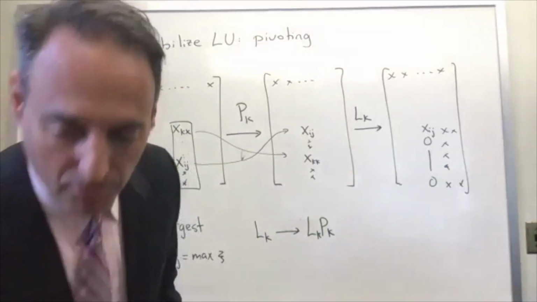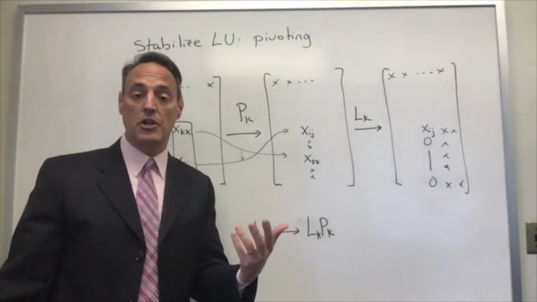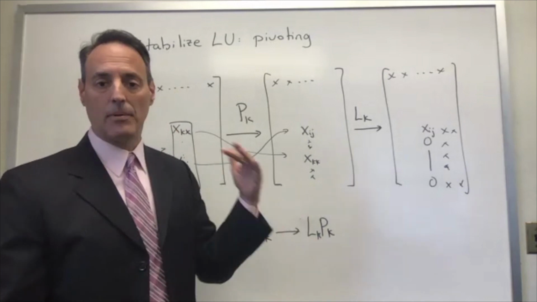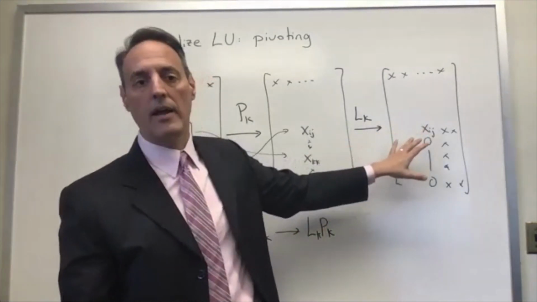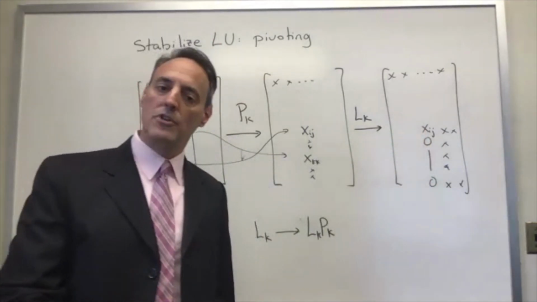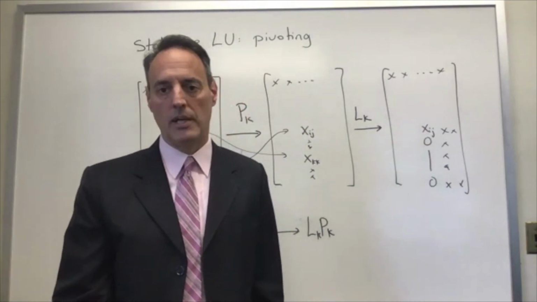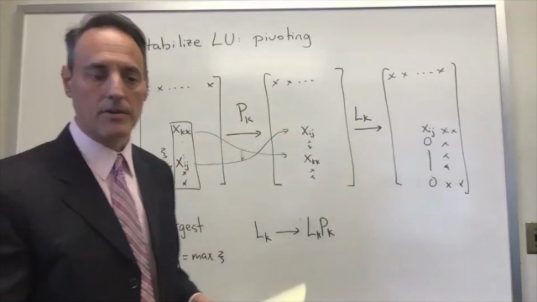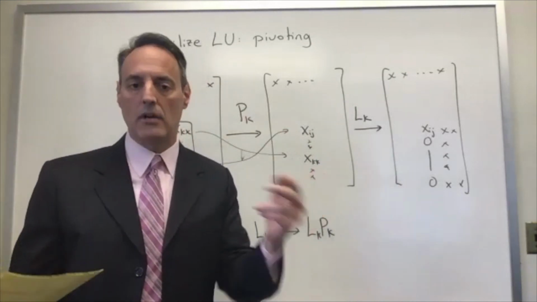That's the process aiming towards stabilization, making this Gaussian elimination, this LU procedure, as stable as possible. What you're doing here is walking yourself away from any terms that might be small, so that you don't get into a divide-by-a-small-number issue, which can ultimately lead to a cascade of propagating errors in the system and an ill-conditioned algorithm.